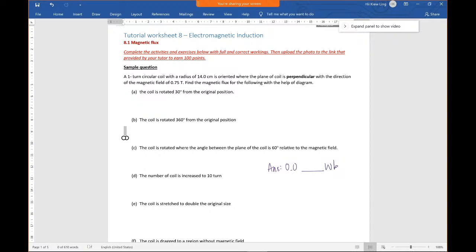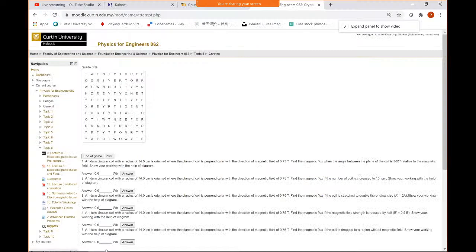So if, when you calculated, you get 0.020 Weber, this 20, instead of writing in numerical number, you have to turn it into alphabets. So you find the word for 20 in the word search.